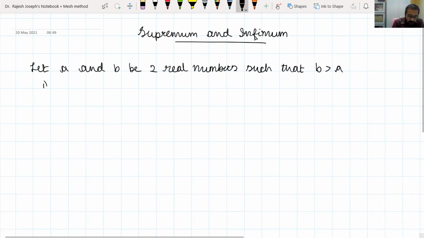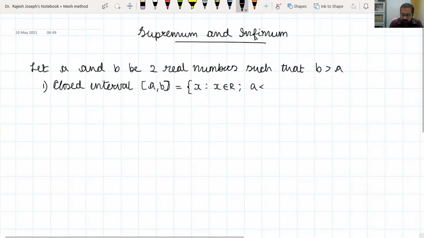So consider a closed interval. Closed interval is denoted with square brackets, A comma B. It is defined like this: X, such that X is a real number wherein X lies between A and B. X can take values from A to B and any values in between.